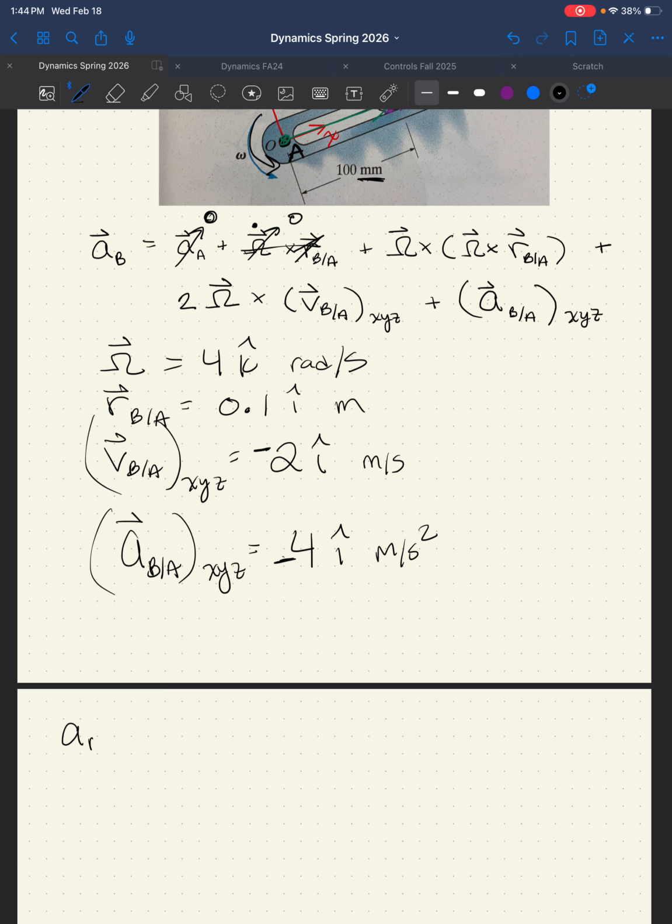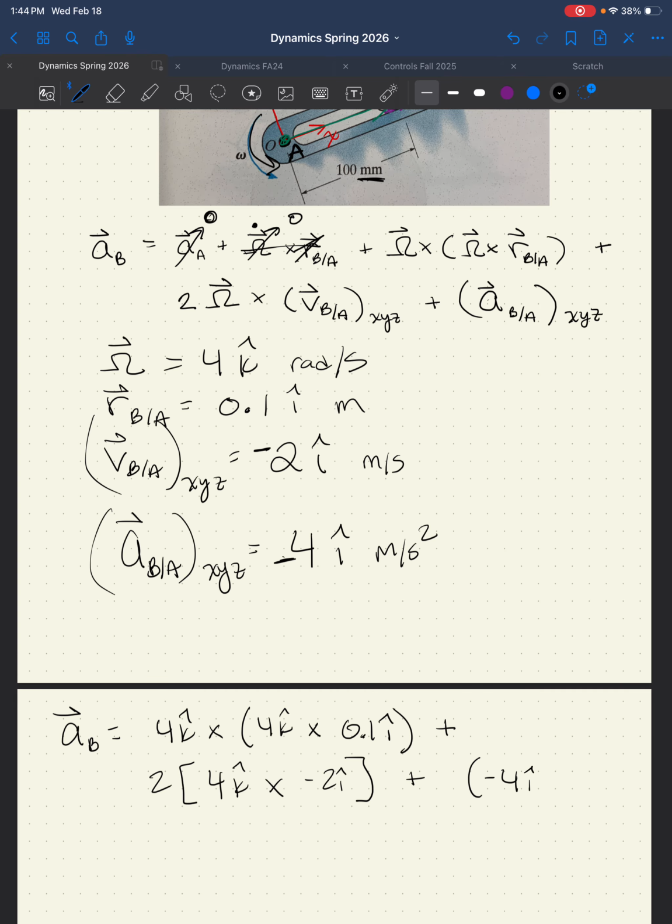So acceleration of B equals, okay, this omega cross omega cross r. So I have 4k cross 4k cross 0.1 i, plus 2 times 4k cross V, B slash A, which is minus 2i, plus minus 4i.